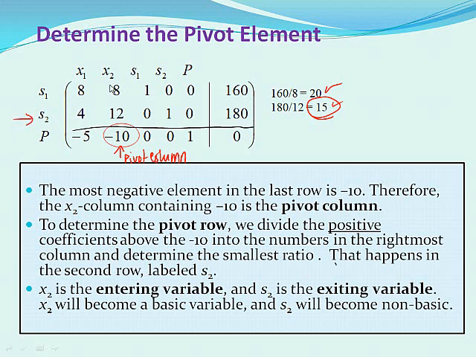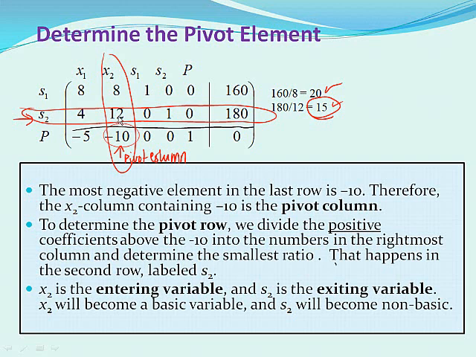So we have the pivot column and the pivot row, and they intersect at 12, and that will be the pivot element. So we have the pivot column corresponding to the most negative number in the last row, and the pivot row corresponds to the least ratio when you divide the last column entries by the positive numbers in the pivot column, and the common intersection will give the pivot element.